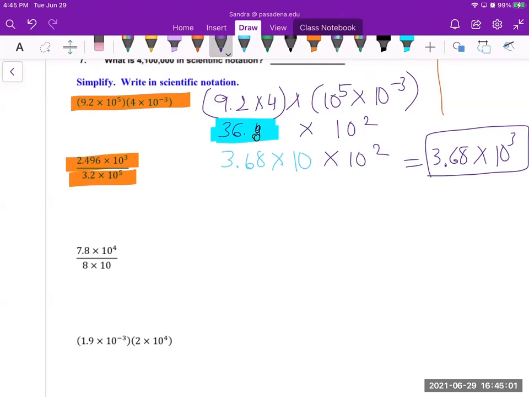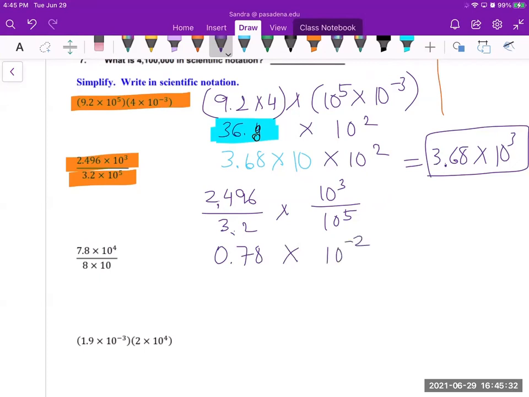For the division, we're going to separate. And so I'm going to separate the 2.496 over the 3.2, multiply by 10 to the third power over 10 to the fifth power. Okay, I'm going to use a calculator. 2.496 divided by 3.2 is equal to 0.78 times 10 to the negative 2 power.